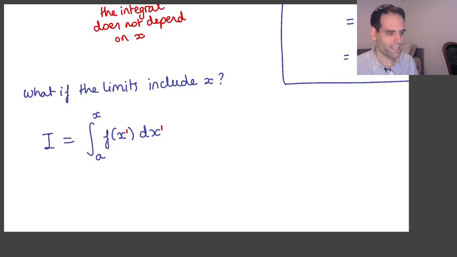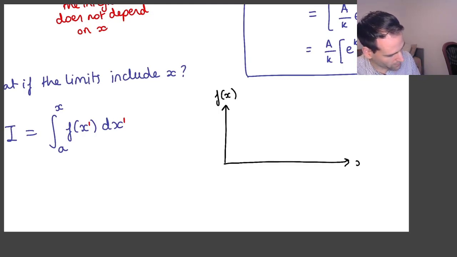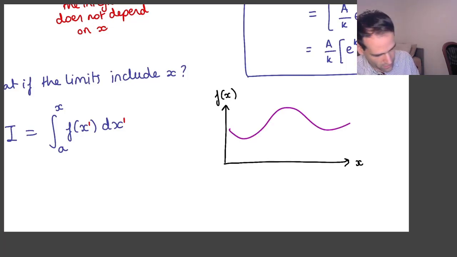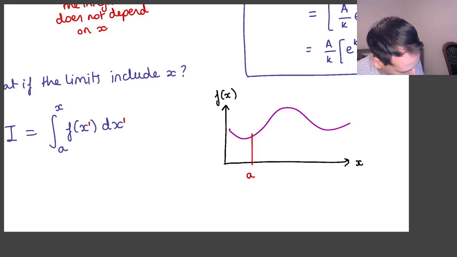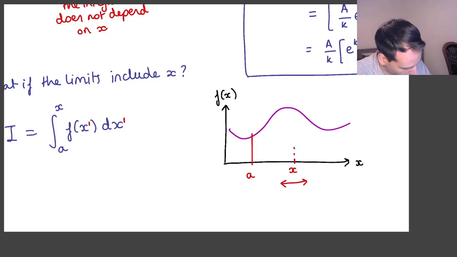So what does this mean if we draw what this integral means? We have our function f of x versus x, and we have a fixed starting point, a, but then we are calculating the area between a and an arbitrary point x. This point is moving to the left or to the right, depending on which x we choose. So this is a moving point, and we are calculating the area in this region.